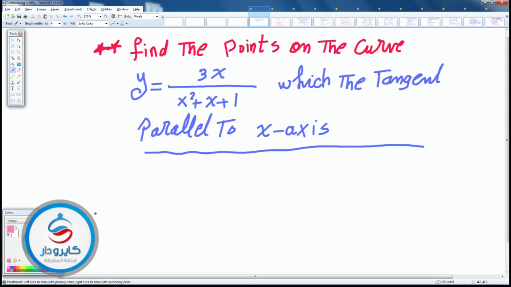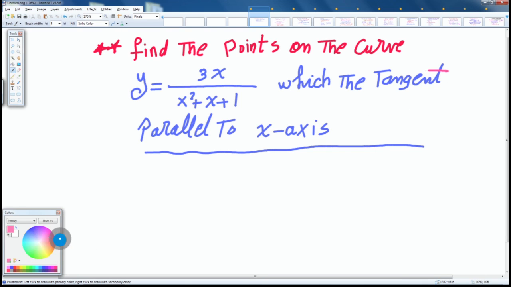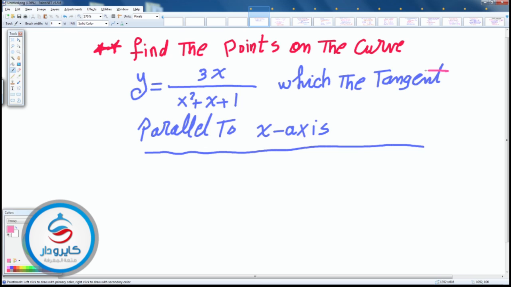But if we read carefully the statement written after the fraction, it said that the tangent is parallel to the x-axis. Parallel to the x-axis means the slope equals 0. We have to imagine the form of the first derivative here.